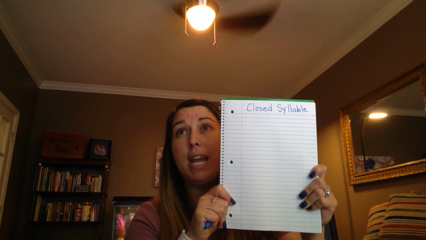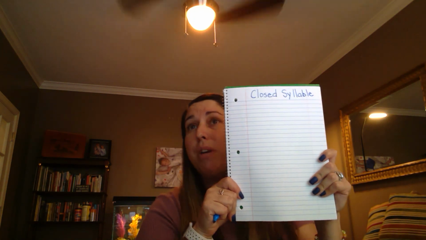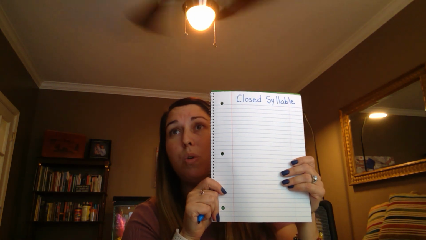Okay, so we're going to do closed syllable. Here's the first way to help you identify whether a word is a closed syllable or not. So the first one is, it's one vowel. Remember, a vowel is A, E, I, O, and U. Okay, those are our vowels.